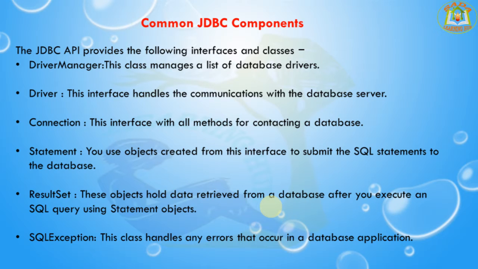Next is the Statement interface; objects created from this interface are used to submit SQL statements to a database. The next one is ResultSet; these objects hold the data retrieved from the database after you execute the SQL query using the Statement object. The next one is SQLException, which handles any errors that occur in the database application.